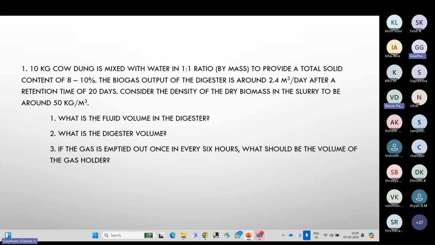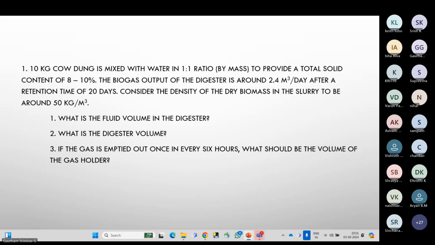So how much is that? Total mass is 10 kg plus 10 kg water, so 20 kg. And the density is given as 50 kg per meter cube.